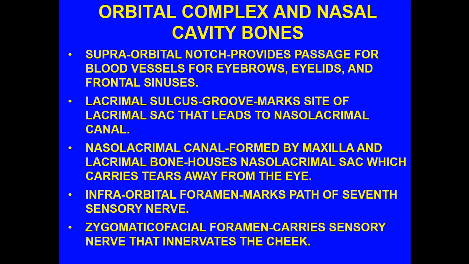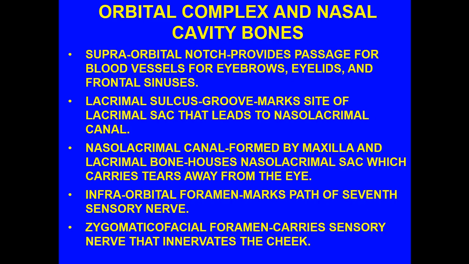The infraorbital foramen marks the path of the seventh sensory nerve. By the way, as a hint, you may want to hot page this, and what I mean by hot paging is maybe put a little tab or something, so when you do the eye sensory system, you can come back to see these bones again, and this will probably make a little bit more sense.